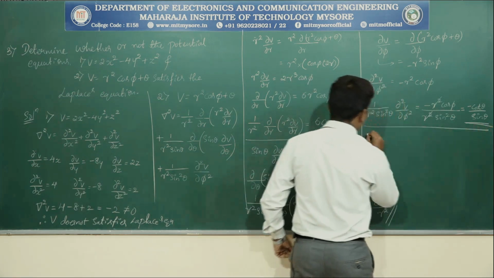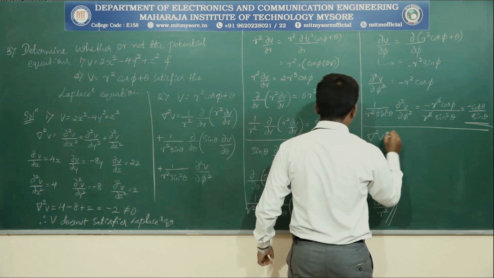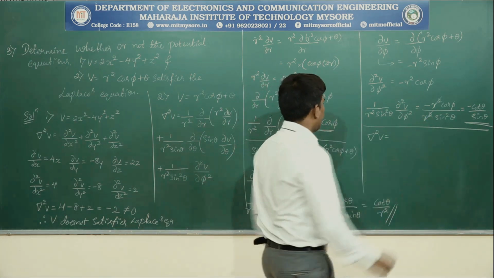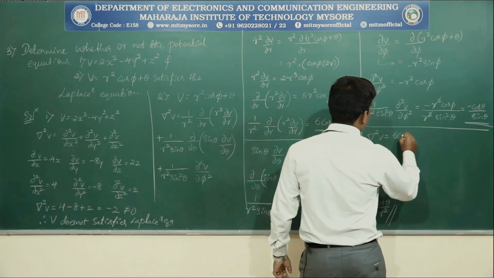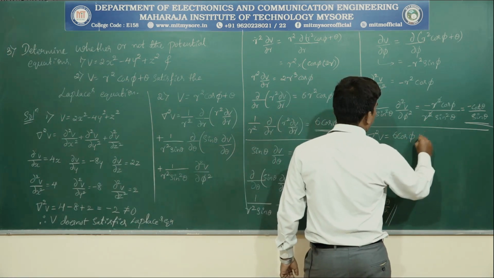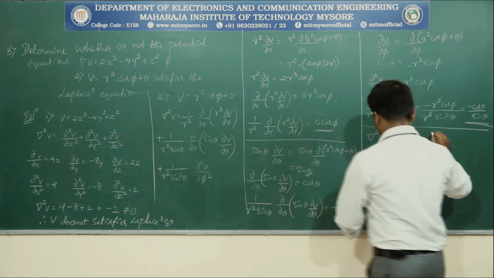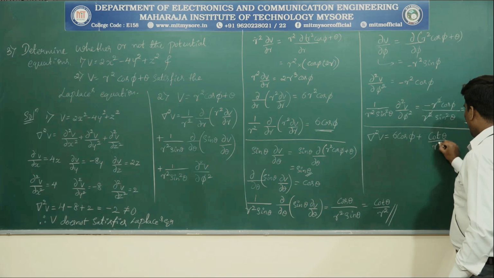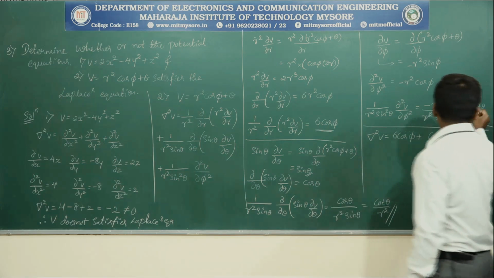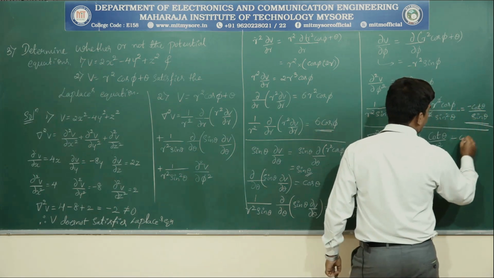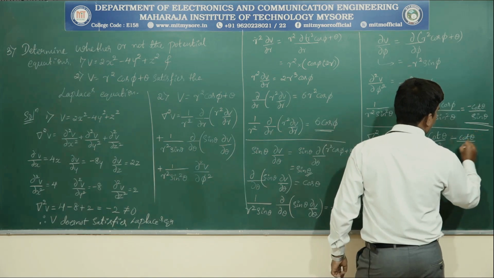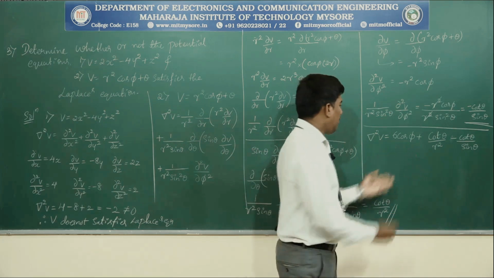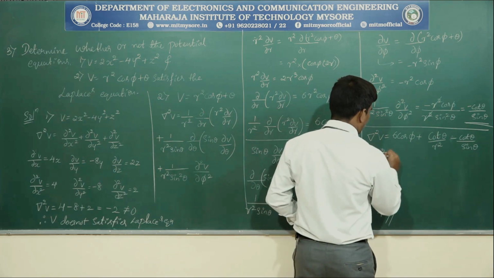Now the evaluation of ∇²V is equal to the sum of all the three quantities. This is equal to 6 cos φ plus the second quantity cot θ divided by r², plus the third quantity, that is minus cot θ by sin θ. Is it equal to 0? No, this is not equal to 0.